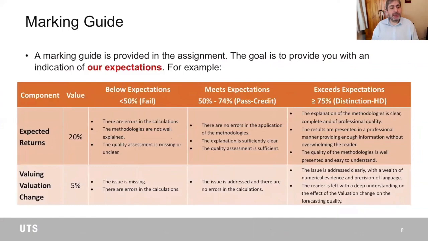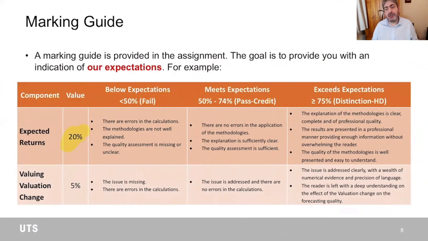You will find a marking guide in the assignment that explains how each portion will be assessed. So for example, the expected returns count for 20% of your mark, and it's going to be below expectation if you make errors in the calculations or if you don't explain them. What do you think, John? It's going to be plus or credit if there are no errors and the explanation is okay.